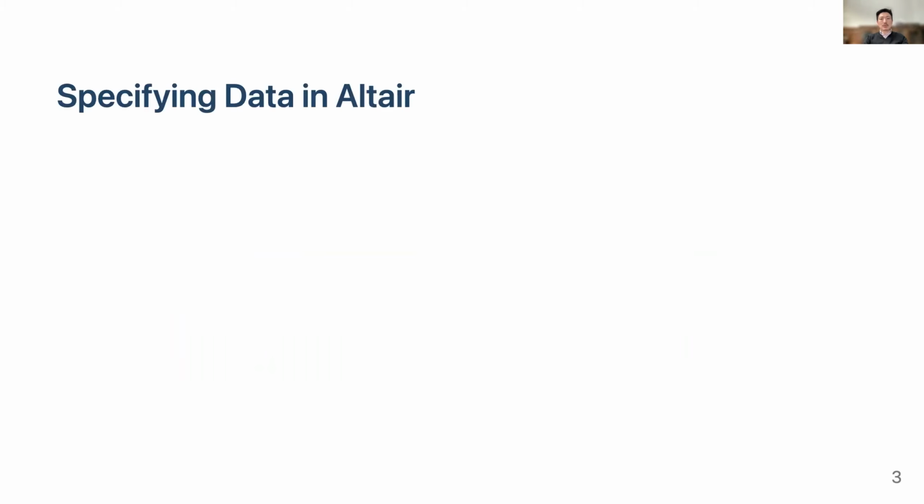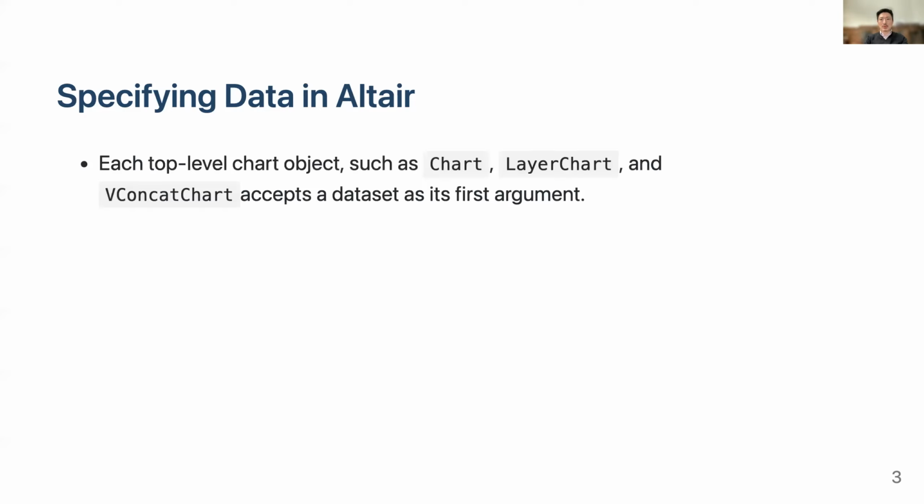As you are familiar by now, we always need to specify what data to visualize. And it doesn't really matter whether it's Tableau or Altair or any other visualization library.